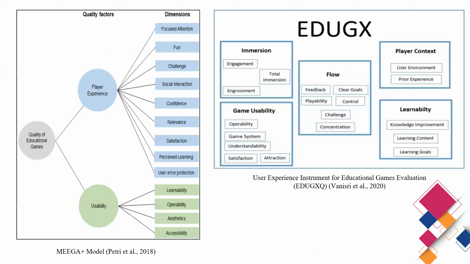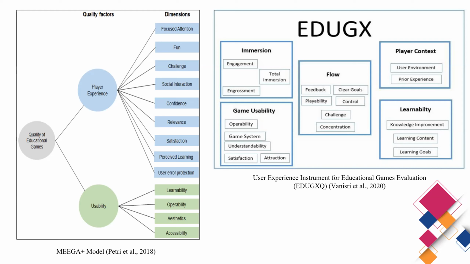And this is another important study from Petri et al. 2018, whereby they look at the quality of educational games, both from player experience and also from usability features, as you can see on the left side of the screen. And my study will focus more on the blue parts of their model, on the player experience.